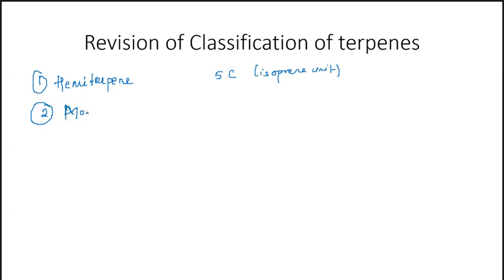So what we studied here: one is hemiterpene, which is a 5 carbon isoprene unit. Second, we studied monoterpene, which is a 10 carbon compound, 2 IPP.